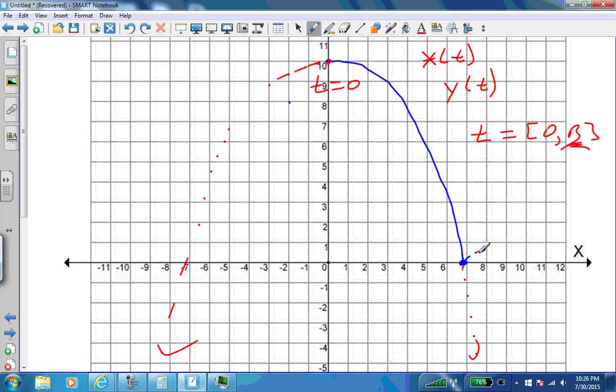Let's just call that time B. So even though technically the domain might be negative infinity to infinity, the relevant domain is from here to here over a specific time frame.